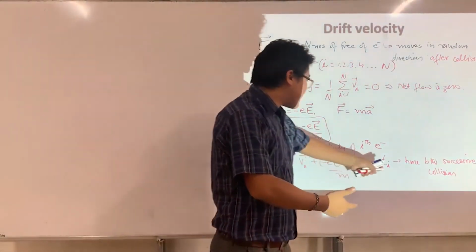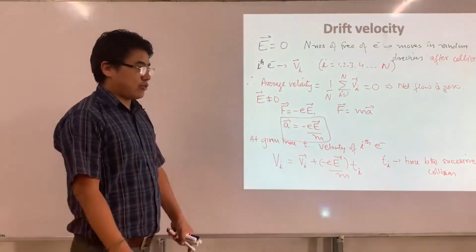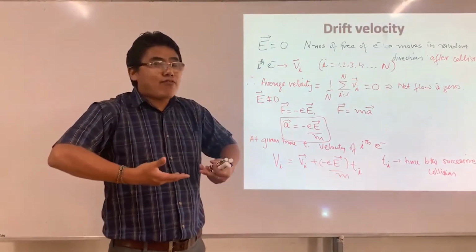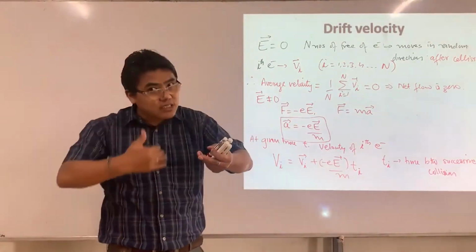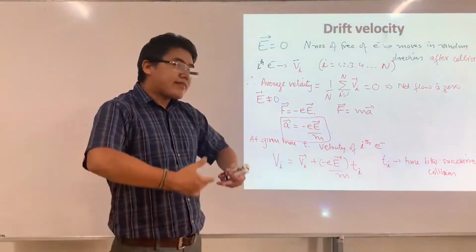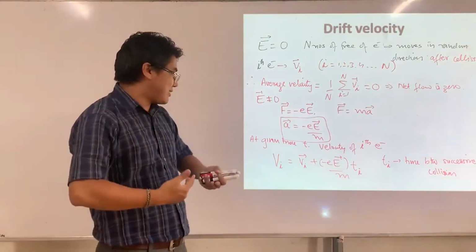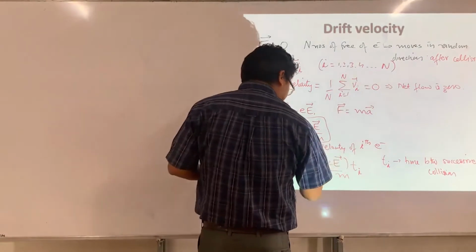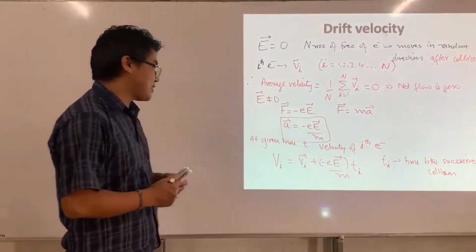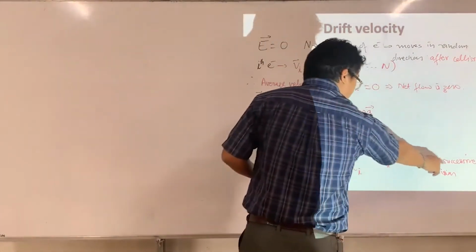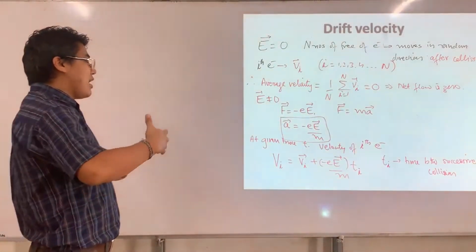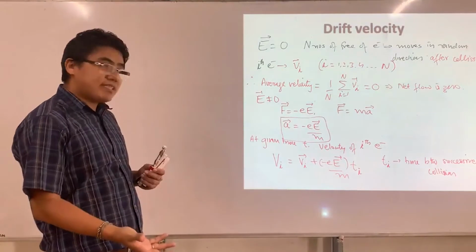So this is the velocity at a given time t, and Ti is the time between successive collisions.